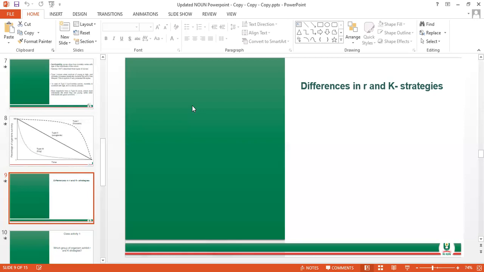Their survival is less for the r, and the probability of survival is very high for the K strategy. Same with mortality: high for r, and for K the mortality is low.